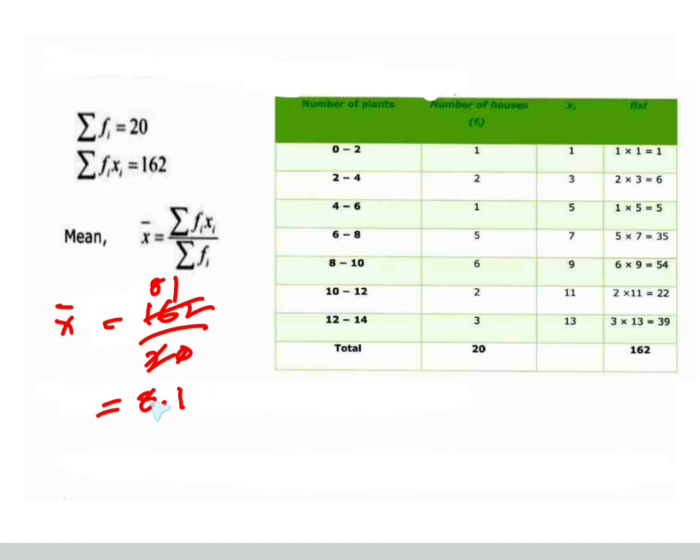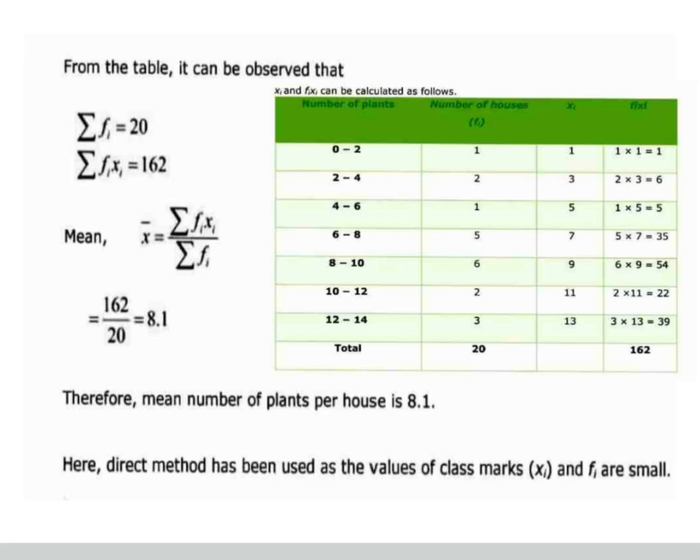Therefore the mean of the data is 8.1. That means each house has about 8 plants. Therefore the mean number of plants per house is 8.1. This is the direct method we used, because the values are small and x and f are small, so we can use only the direct method.